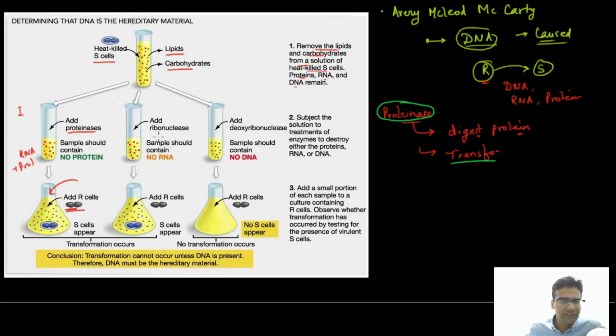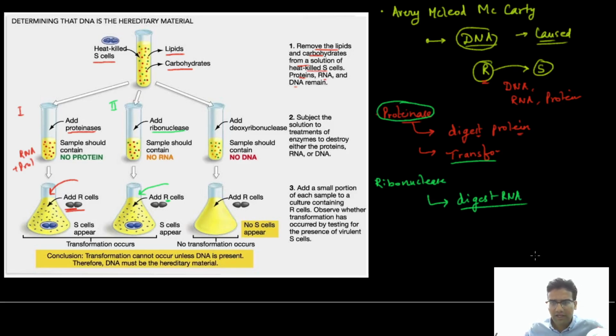He continued to the second set of experiments. In the second set, he added ribonuclease. Ribonucleases are enzymes which digest RNA. He added the R form of bacteria again to this solution.